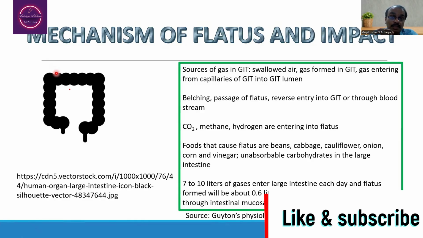The amount of gases formed in the large intestine varies from around 7 to 10 liters, but the expulsion of gases to the exterior is only up to 600 ml. That means more than 98% of the gases are absorbed from the large intestine into the bloodstream through the intestinal mucosa, and get eliminated via the lungs. That's why persons with the habit of constipation have a feculent odor in their breath.